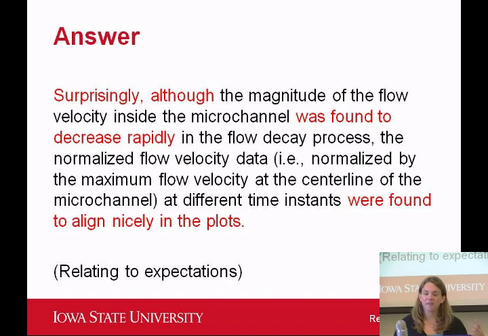The authors start off by saying, "surprisingly, although," so you can see this was not an expectation they had. They found that although something was found to decrease rapidly, the results still aligned nicely. So there's something that was unexpected to them, but in the end, they did find things aligned nicely, which was good for them. Okay, another step.